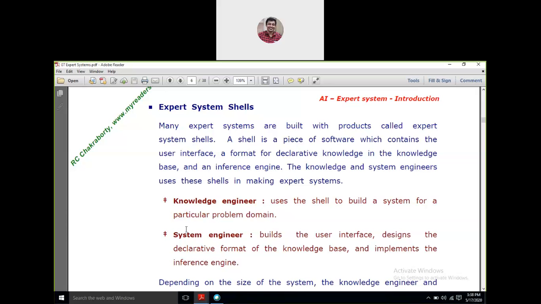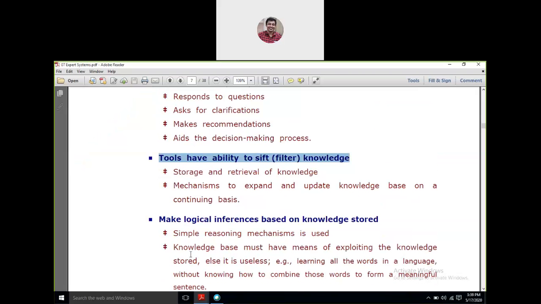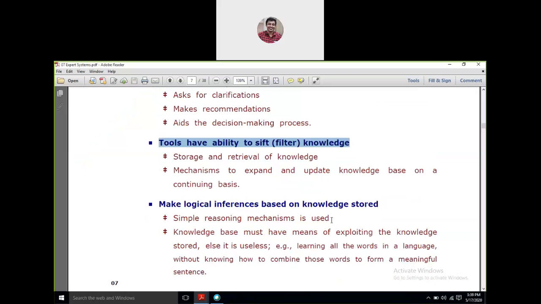Expert system characteristics. Now, expert system characteristics are what? They talk about how interactively the expert system operates. The tools that have the ability to filter knowledge, these are the characteristics of the expert system. Make logical inferences based on the knowledge stored.